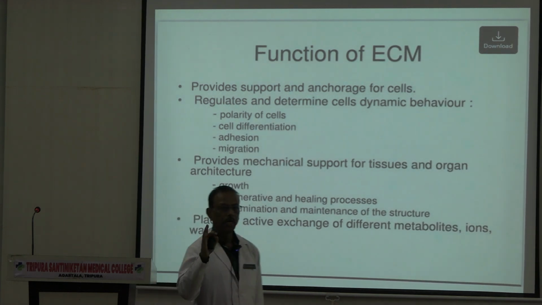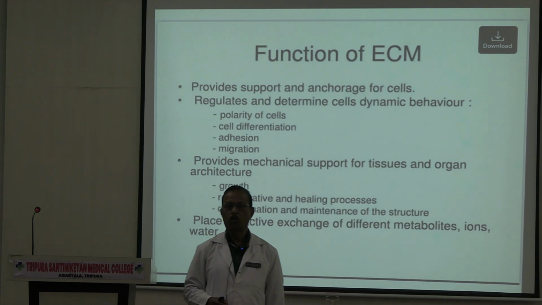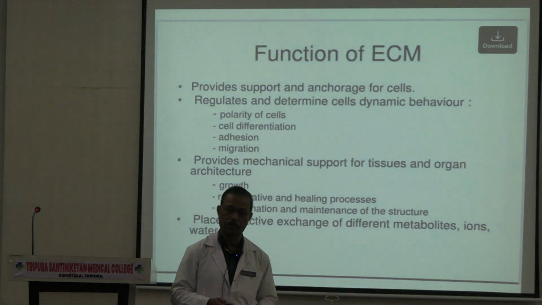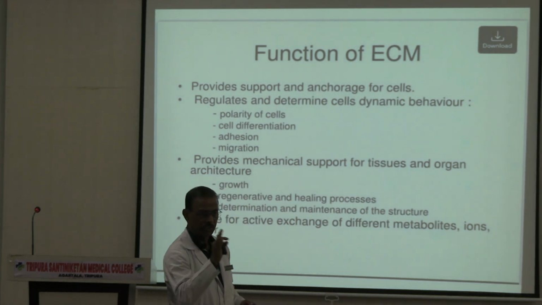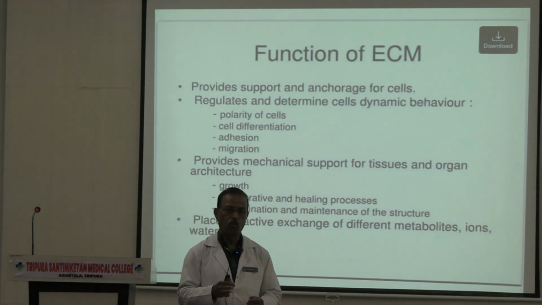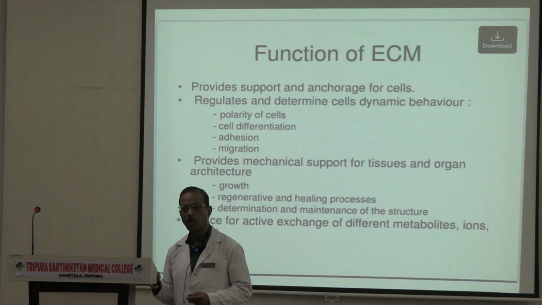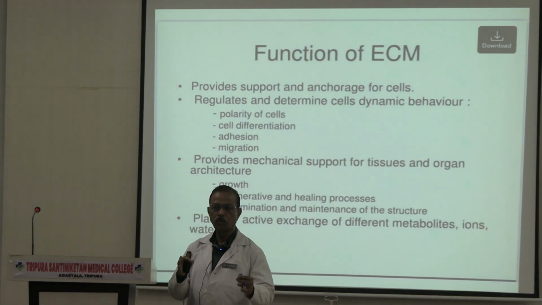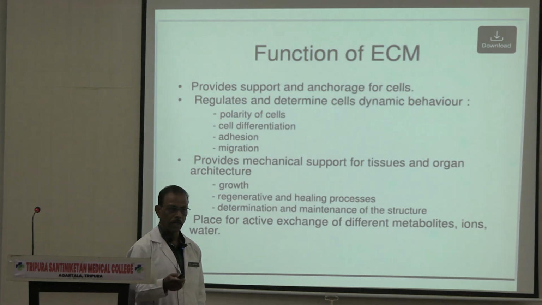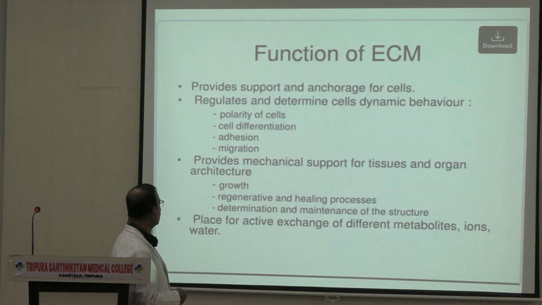Each cell is anchored with the extracellular matrix component. So, they have a fixed location, they cannot move from here and there. So, once there is differentiation of the cell, where they will stand, where they will go, it is already defined. So, it cannot just move here and there.